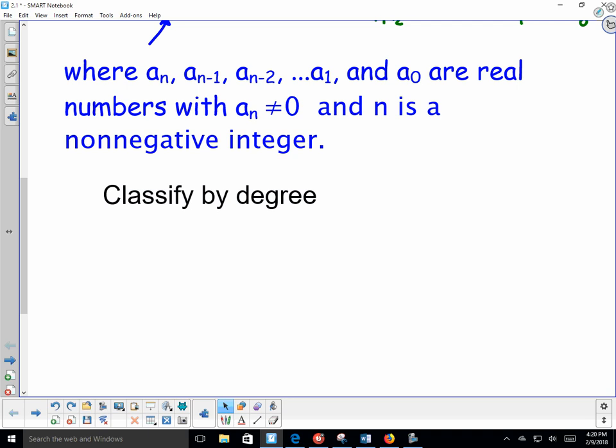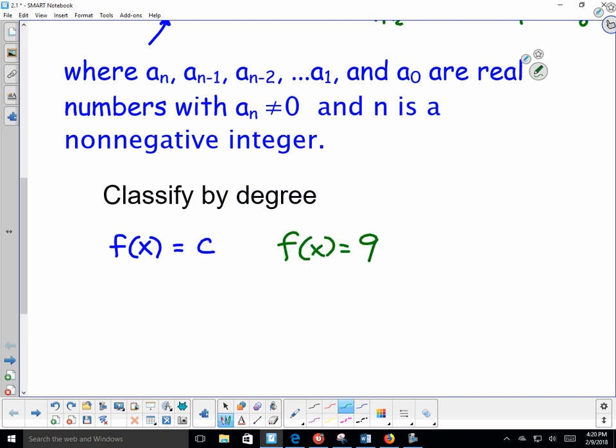Okay, so we can classify polynomial functions by degree. For example, if you have f of x equaling just some kind of constant, like f of x equaling c, an example of that might be f of x equaling 9. We would call that a constant function.